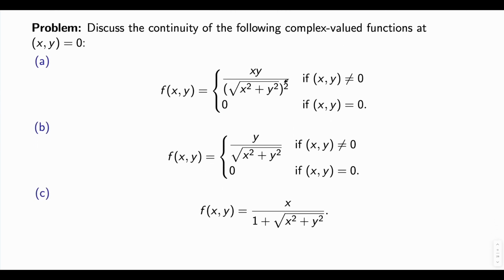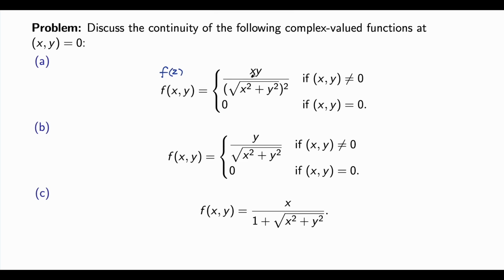Discuss the continuity of the following complex valued function at (x, y) equal to (0, 0). So z equal to 0, basically they want to say. So here you can think of f(z), or f(x, y), you can write.